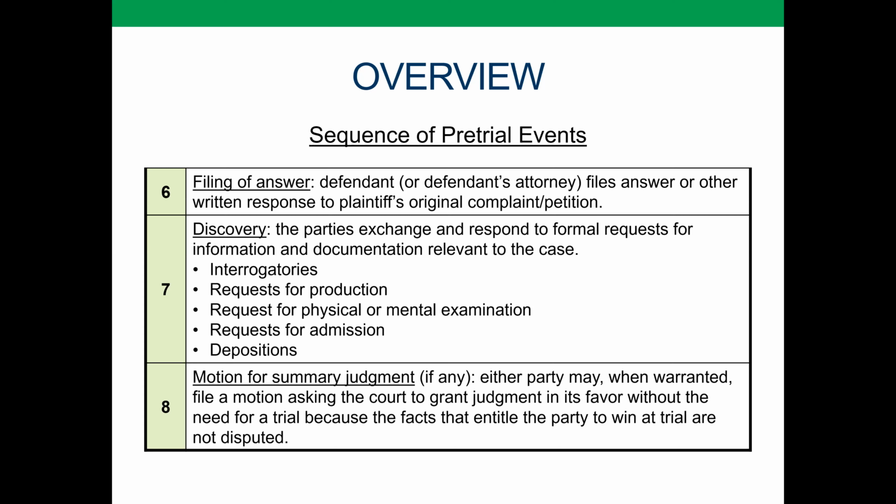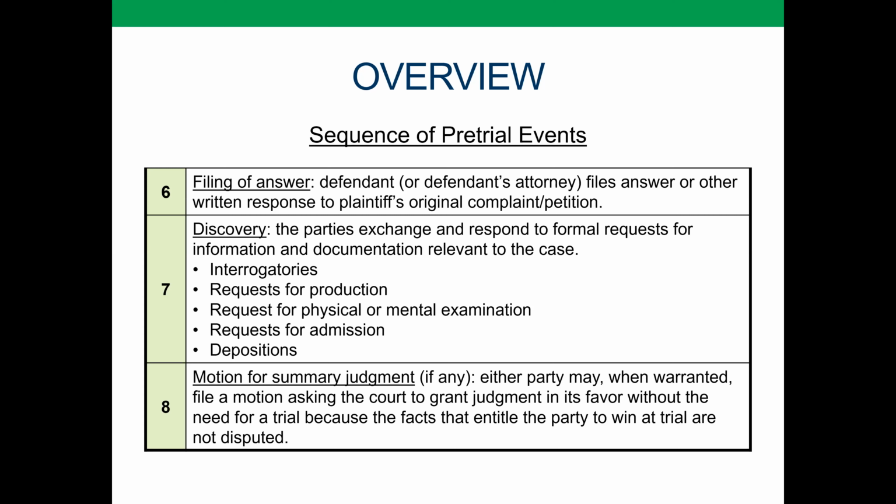We're going to look at this motion in more detail in the next lecture, but at this point in the case, once discovery has been completed or substantially complete, that's when the parties tend to have a good idea of what evidence is out there.